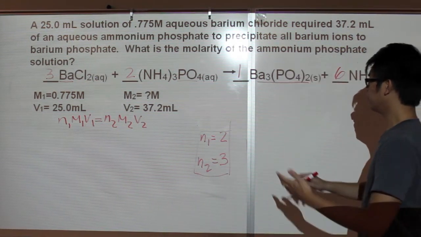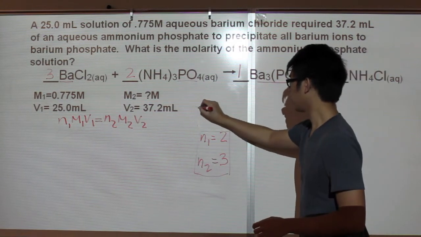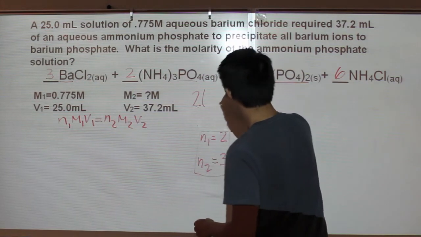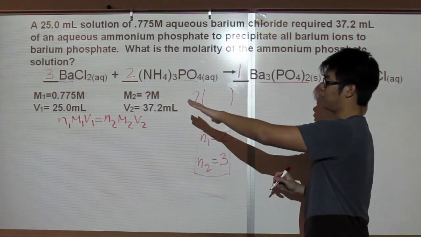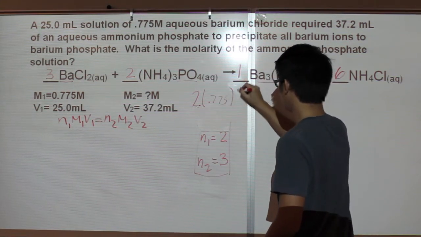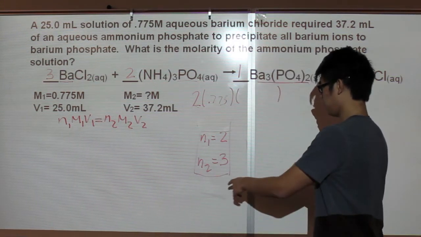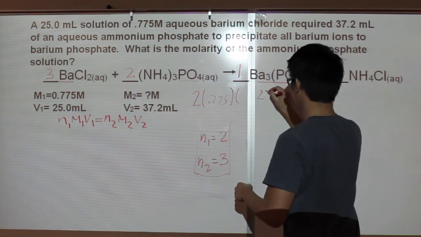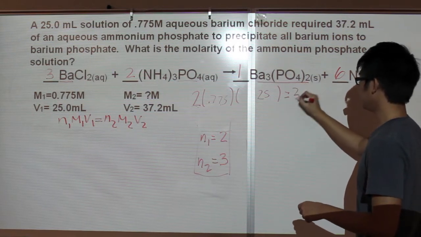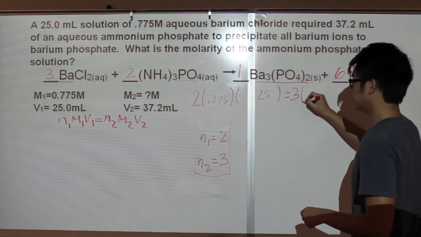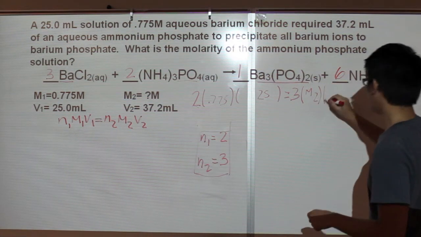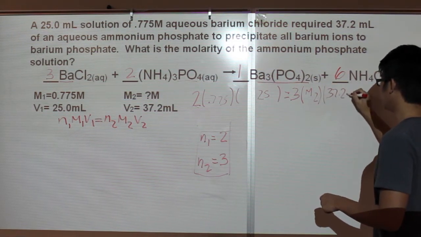So N1 is equal to 2, multiplied by the molarity, which is 0.775. You can multiply this by 25 milliliters, and that's equal to 3 times M2, which is unknown, multiplied by 37.2 milliliters.